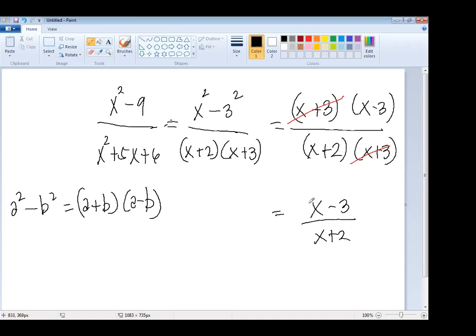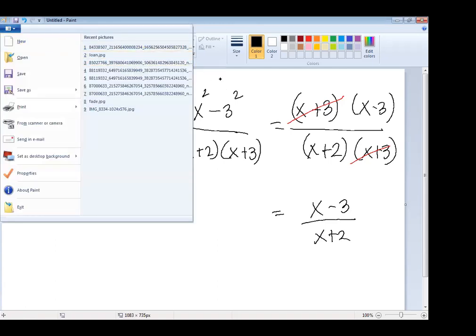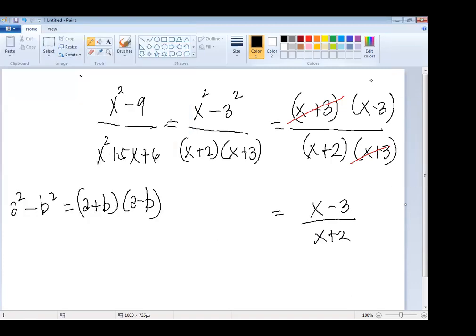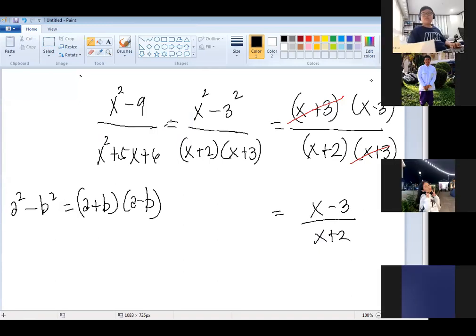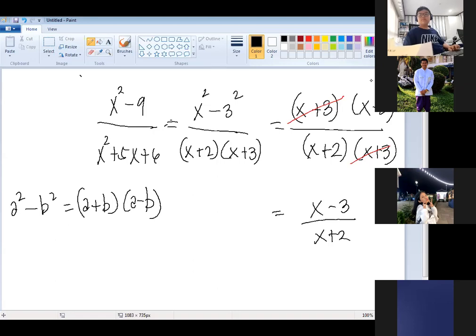Okay, another example. Okay, did you copy the notes already? Yes, sir. Okay, so that you will not have a lot of problems in sending your notes. This time, every day when we end the class, you have to send your notes already, so that it's easy for me to check who is doing their task.